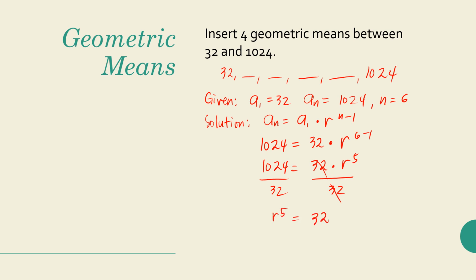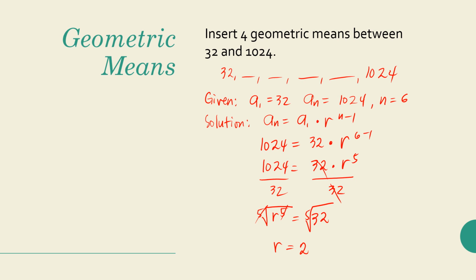To find the value of r, you have to get the fifth root, so that we cancel the fifth power and the fifth root itself. So the fifth root of 32 is, of course, the common ratio, 2.